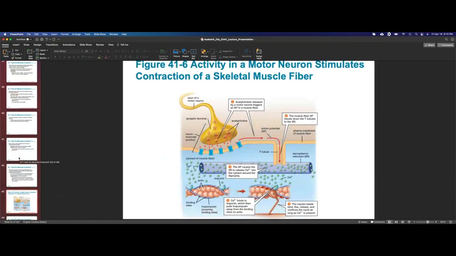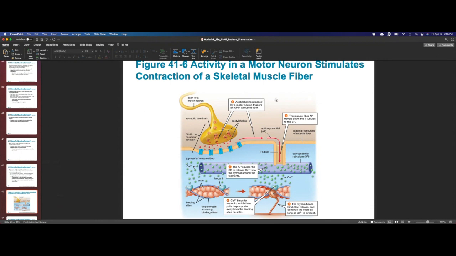So here we have a picture. At the top left, you're going to have the axon of the motor neuron. And then again, you can see the neurotransmitters propagating that stimulating signal to the muscle cells via a synapse that occurs across the neuromuscular junction.